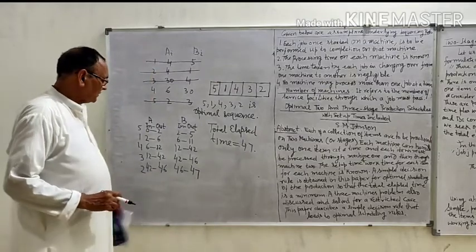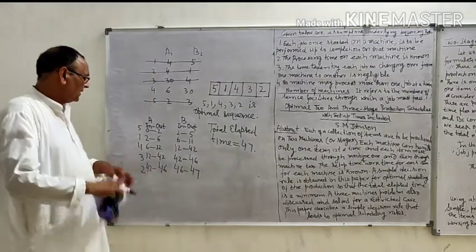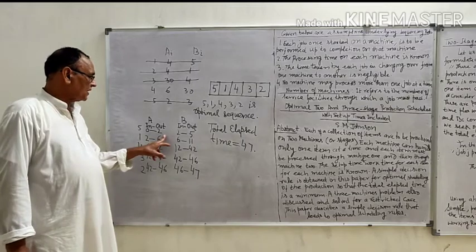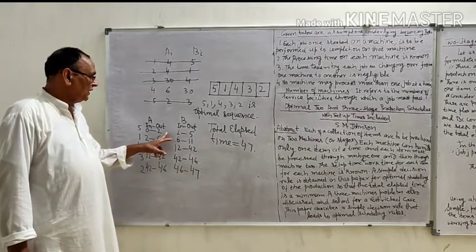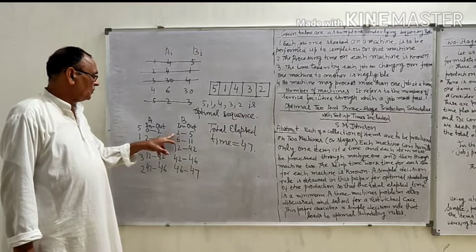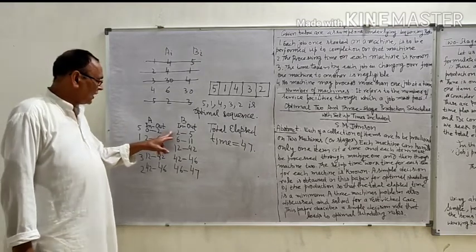So you check here. If this job was available at 2 and machine B is also available at 2, it can start the job at 2. There is no time gap.